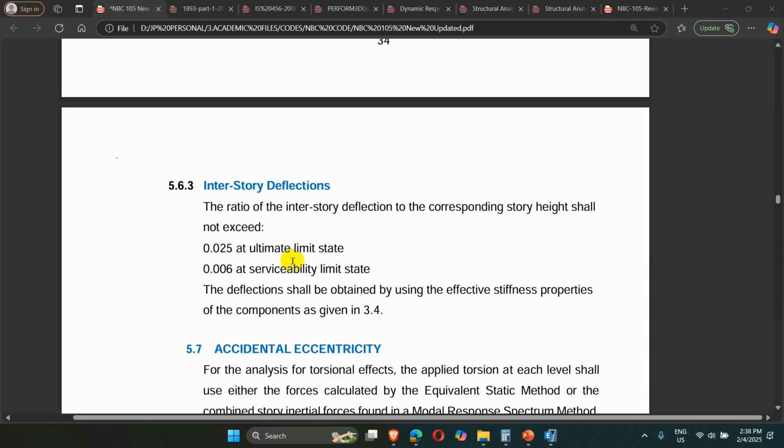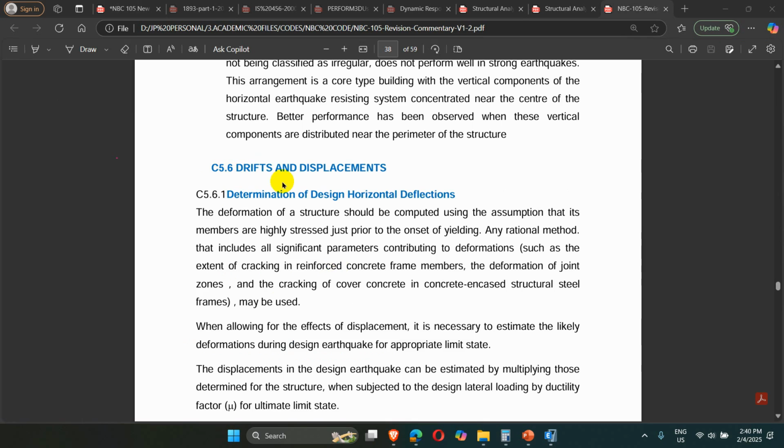Similarly, different codes have different limits of inter-story drift. In NBC 105, it is 2.5% for the ultimate limit state and 0.6% for the serviceability limit state. Looking into the commentary of NBC 105 for drift and displacement, the deformation of the structure should be computed using the assumption that its members are highly stressed just prior to onset of yielding.